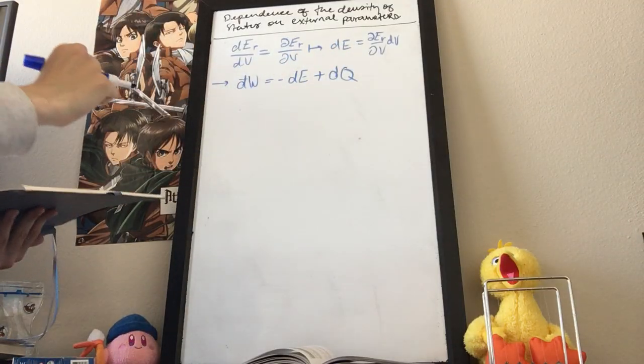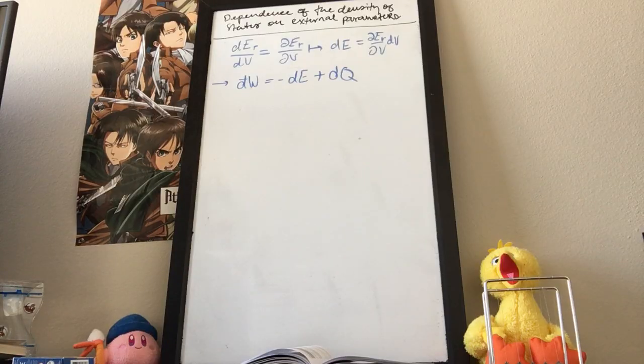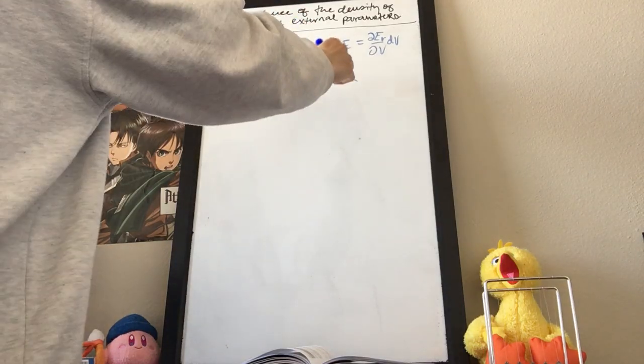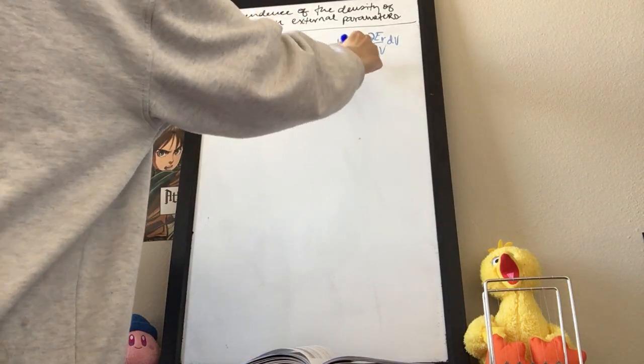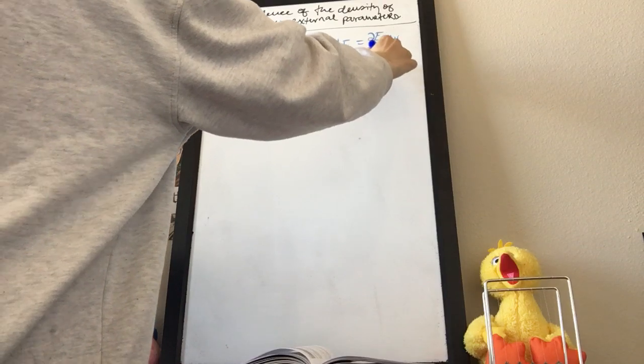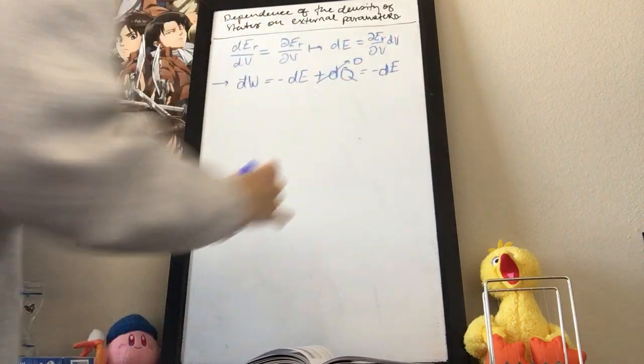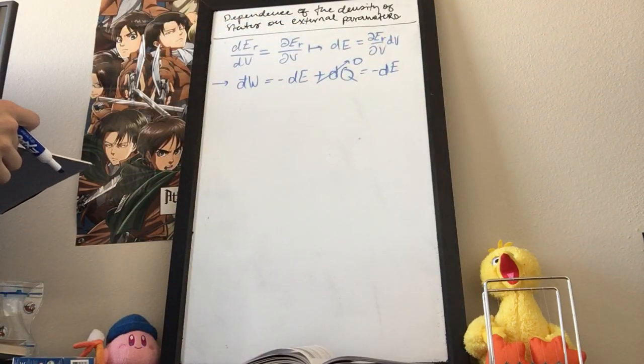We don't have any particular change in heat here necessarily, or if we do, when we're only looking at an incremental change in the energy, we really should only have an incremental change in heat, if any at all, so we can actually neglect this term altogether. Say that goes to 0, and we're just left with the negative differential of E, right?